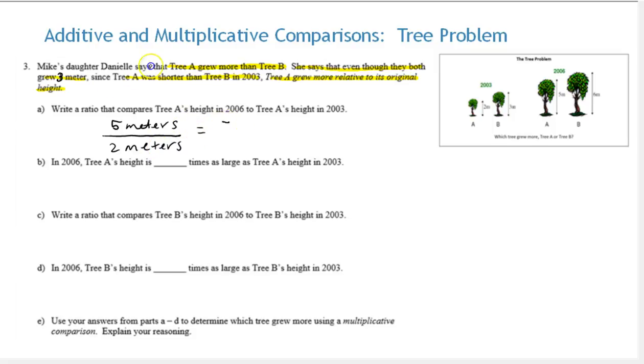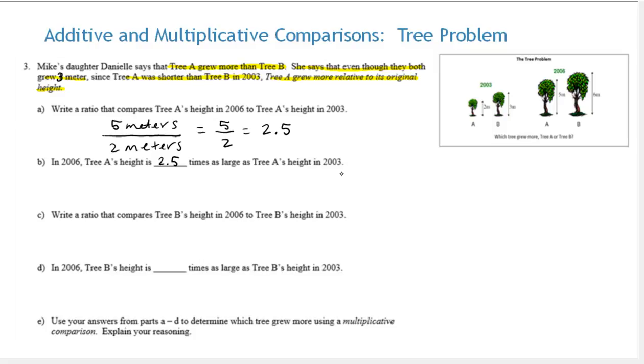We can simplify by thinking of this as 5 to 2. And if we simplify this fraction, it's 2.5. So that means if we compare them multiplicatively, in 2006, tree A's height is 2.5 times as large as tree A's height in 2003.